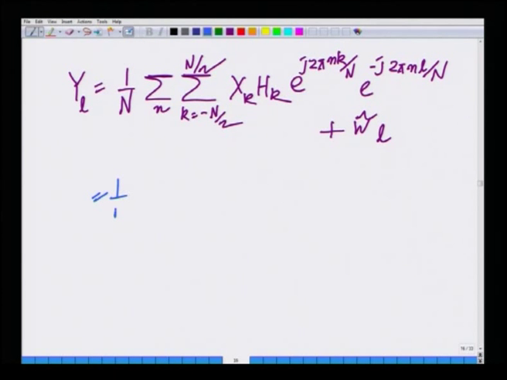This is equal to 1 over N summation over k.